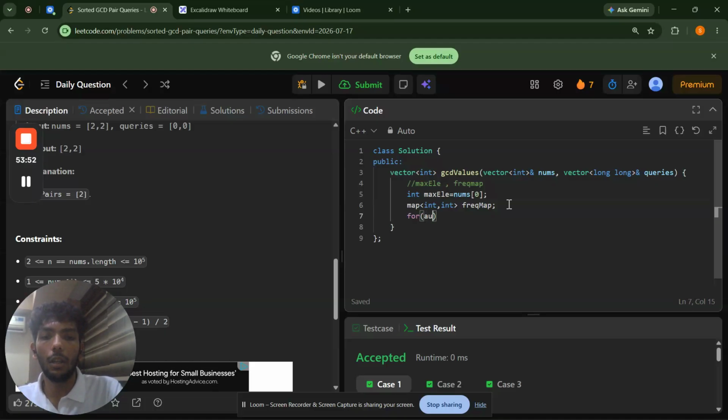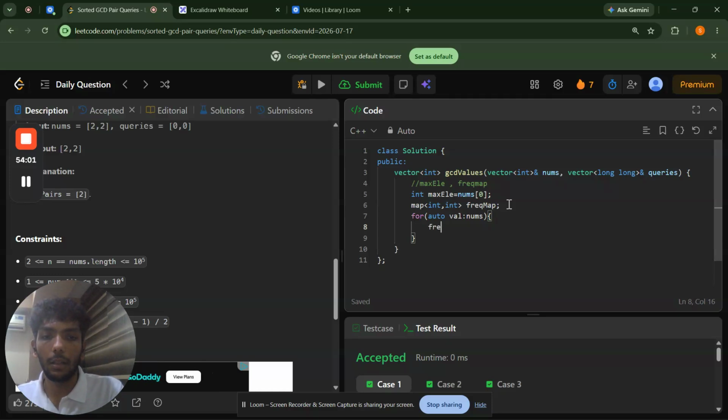Okay, so for auto, this is called a for each loop. We will iterate it over nums. We will update the frequency of val, and also we will update the max.